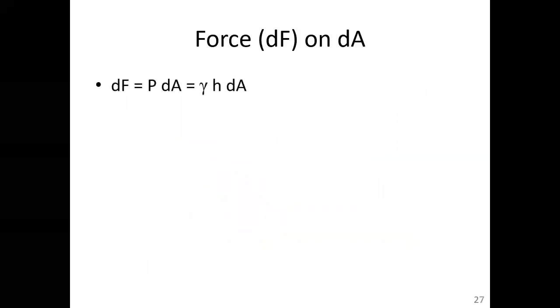On each horizontal strip, we have a differential force dF. That force is equal to P dA, the pressure on that strip times the differential area dA. And since it's a horizontal strip, that pressure is just the specific weight times the depth of submergence of dA.